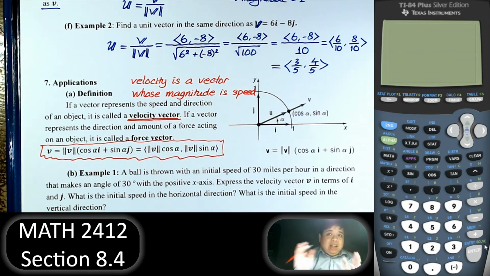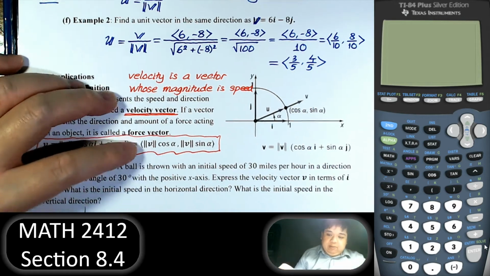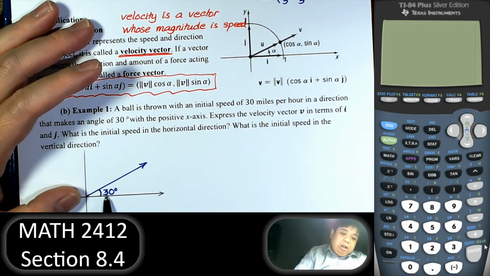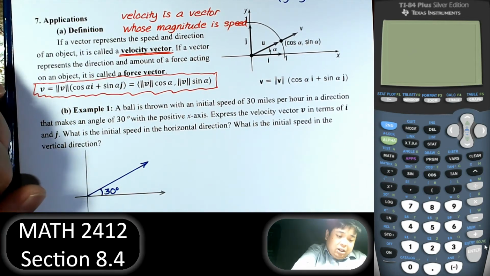It has a magnitude, a speed component, and it has a direction, east, for example. So if we want velocity, we need a magnitude, which is the speed, and a direction. Right, this direction is 30 degrees with the positive x-axis.